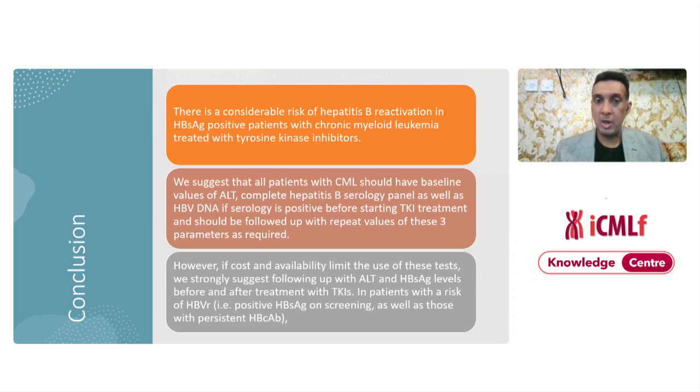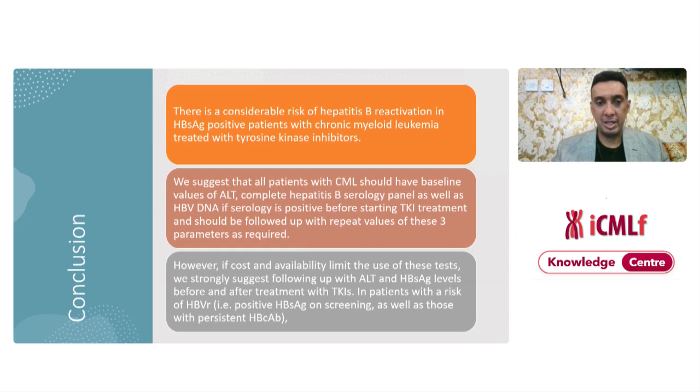However, if cost and availability limit the use of these tests, we strongly suggest following up with ALT and hepatitis B virus surface antigen levels before and after treatment with tyrosine kinase inhibitors.